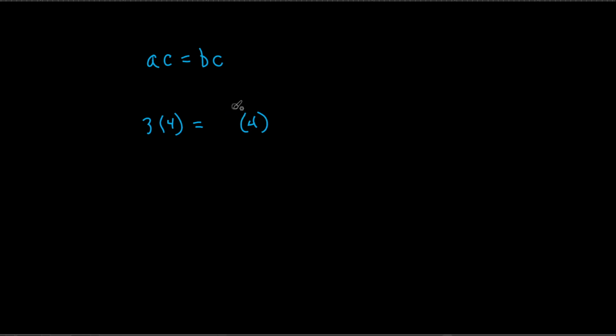Forget it. I was just trying to do this off the top of my head. I should stick to my notes, shouldn't I? Let's just do this. Let's say that we have the same number here and the same number here. The C and the C are the exact same number.